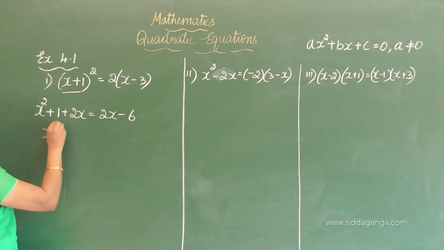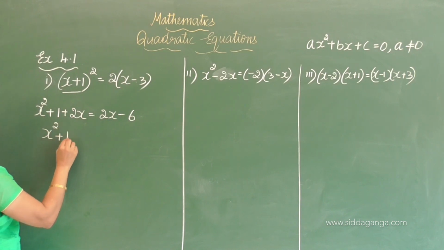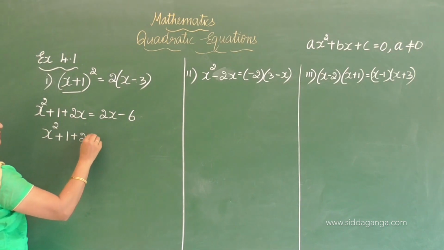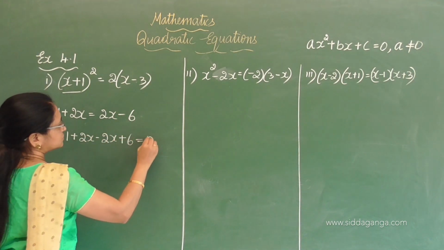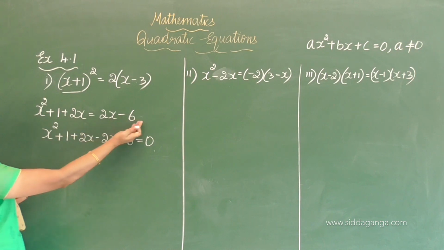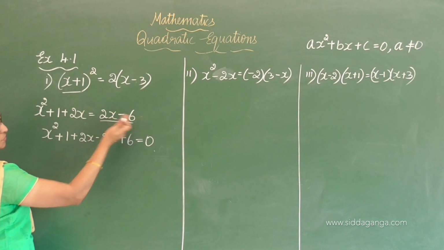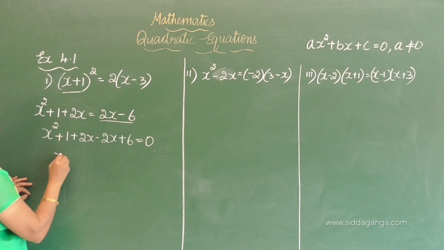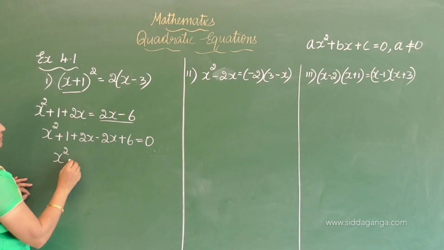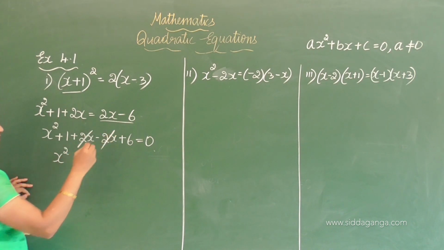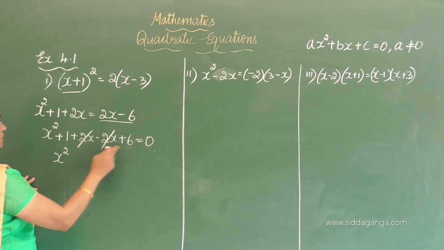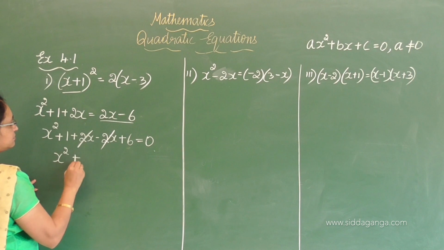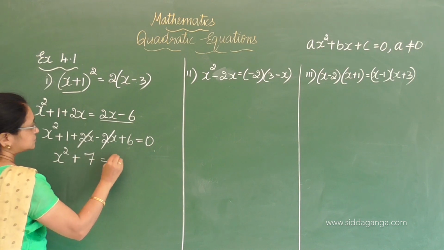Now x square plus 1 plus 2x minus 2x plus 6 is equal to 0. I just transposed these two to the other side. So this will become x square plus 2x minus 2x gets cancelled. So this 6 plus 1 will become plus 7 is equal to 0.